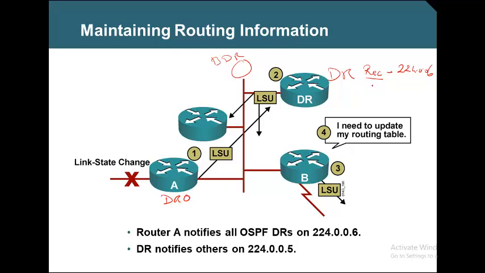To receive, they will be listening to 224.0.0.5. To send updates, they will use 224.0.0.6. So all the other routers, if they want to send an update, can use only this address. Now, who is listening to this address?